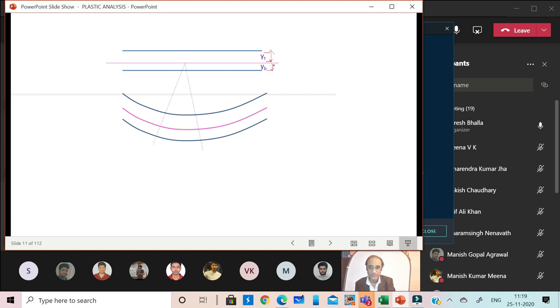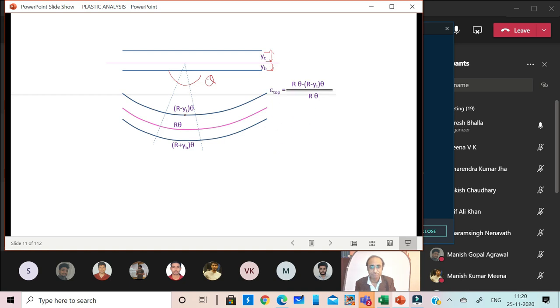We take a small element of this arc, and this is very small. Let's say this angle is a small angle theta. Then the original undeformed length was r theta, and at the top fiber this would have been reduced because it will undergo compression, and at the bottom it will increase.